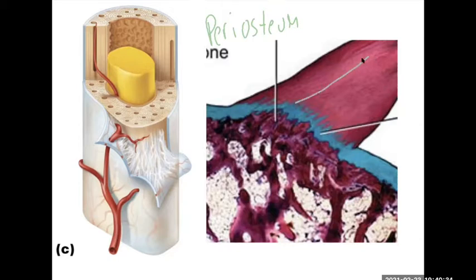All the collagen fibers were coming down here, and those collagen fibers are embedding into the periosteum, and even some of the collagen fibers are embedding in here. All right, so this periosteum is the covering of the bone. It's going to be dense, irregular, because it needs to be a little bit protective on the outside of the bone. All right, so that's the outside.